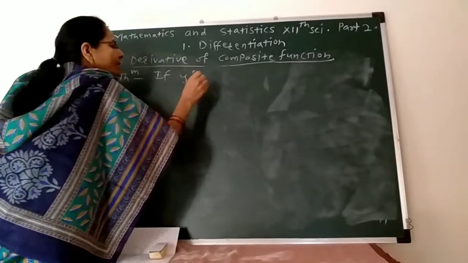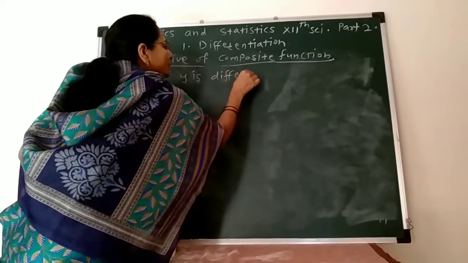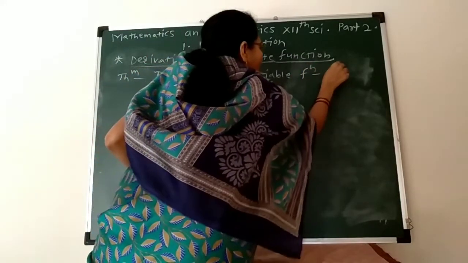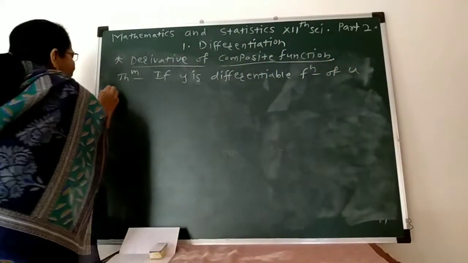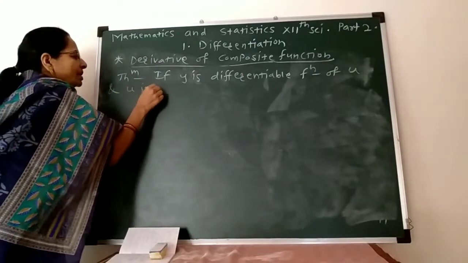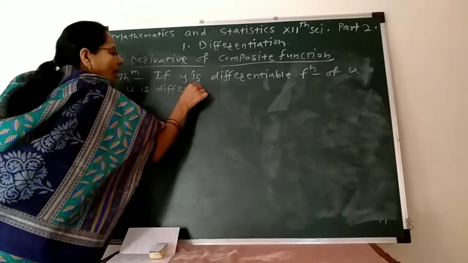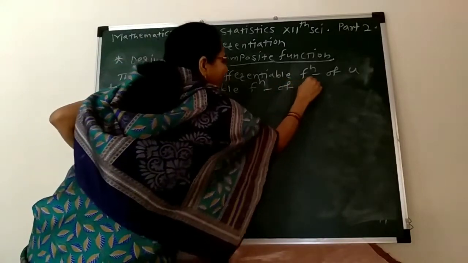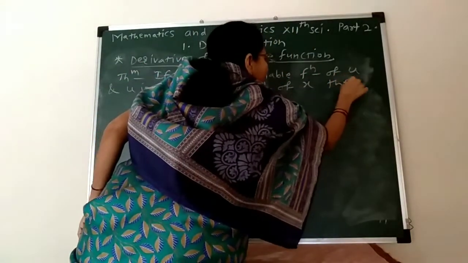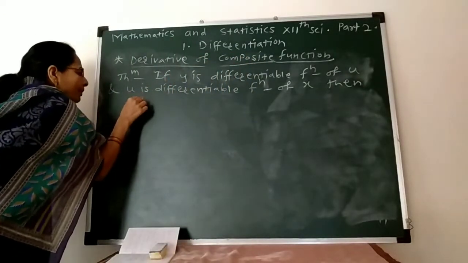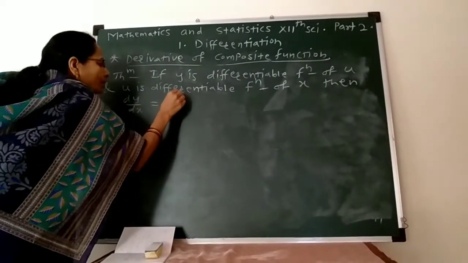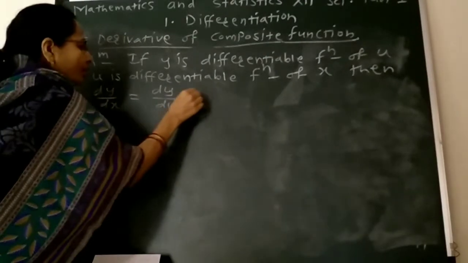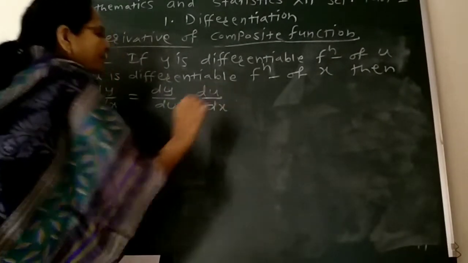If y is a differentiable function of u and u is a differentiable function of x, then dy by dx is equal to dy by du into du by dx.